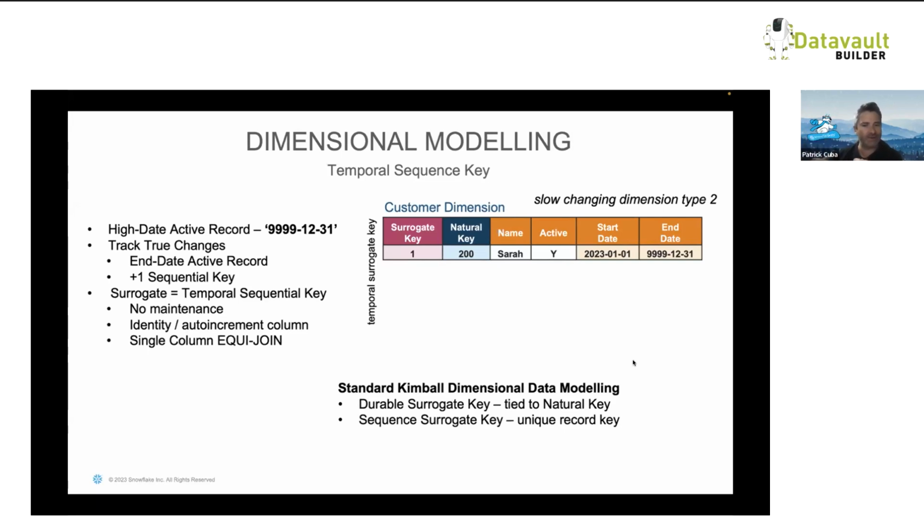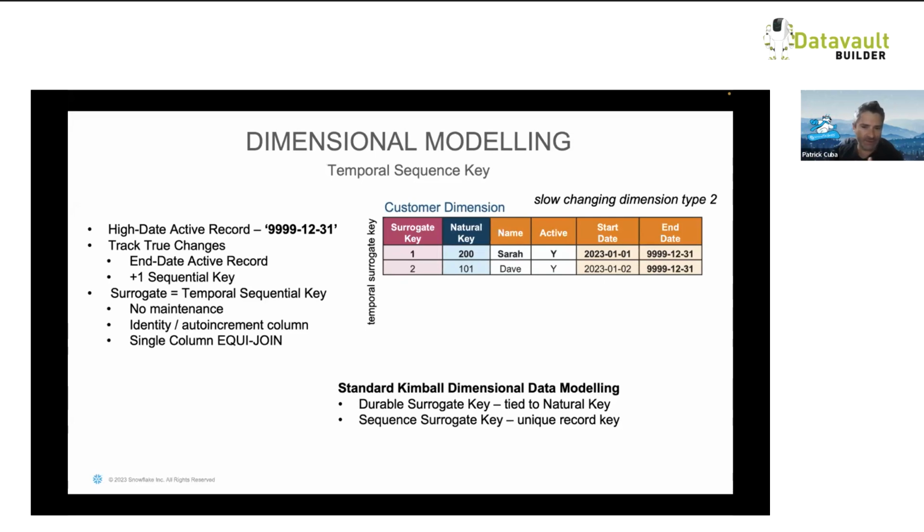Every time you insert a record, it adds, right? So sequentially, it adds one value. So if I insert a new record, it's a totally different natural key, you'll get a new surrogate key because it's a second record.